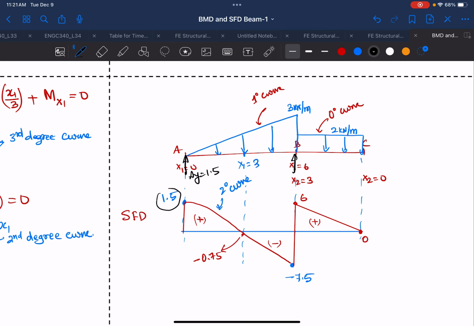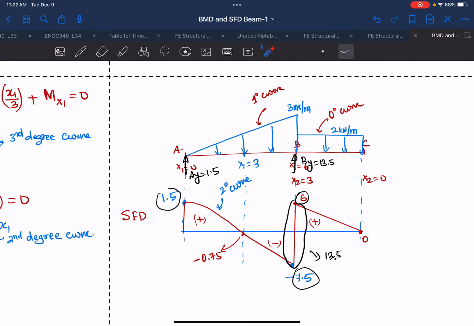And then you have BY over here, which is 13.5. If you add the values together, 6 plus 7.5, the whole length will also be equal to 13.5. That's how you know your values are correct, because if you add them together, the length of your shear force diagram should be equal to your support reaction.